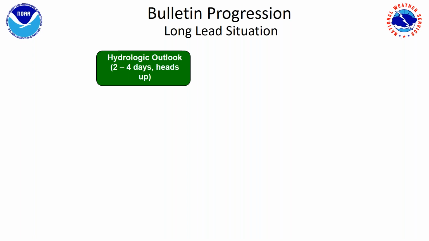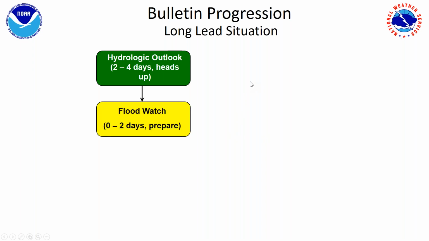And this is when you're anticipating a significant rain event and potential flooding to be hitting the Samoa Islands. And the intent here is to provide the public and your key customers a heads up that something significant is approaching over the next 2 to 4 days.